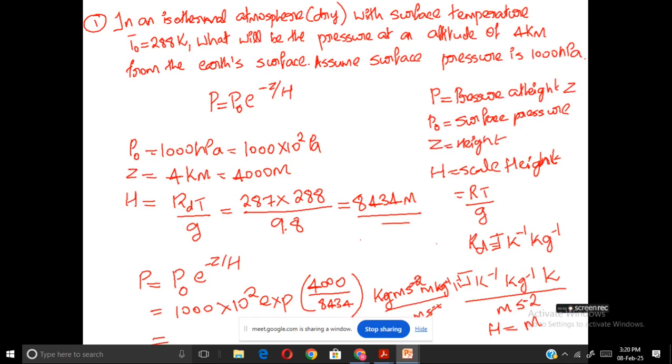Yeah, so we were basically trying to solve, in case of an isothermal atmosphere, what will be the pressure at a height of 4 kilometer, if the surface temperature is given as 288 Kelvin and surface pressure is given as 1000 hectopascal. So the equation is P is equal to P0 e raised to minus Z by H, where H is the scale height. We found the value of scale height H as 8,434 meter.